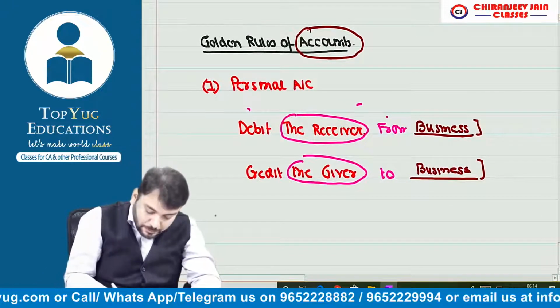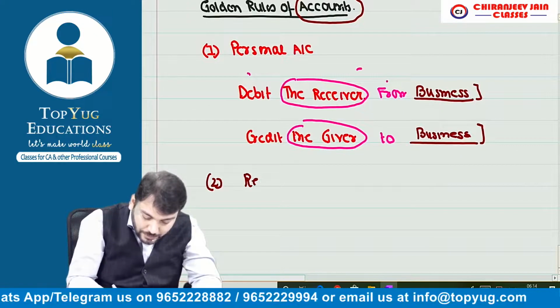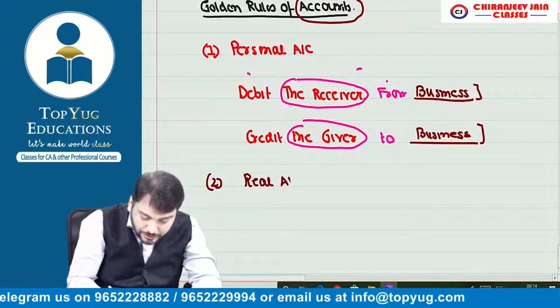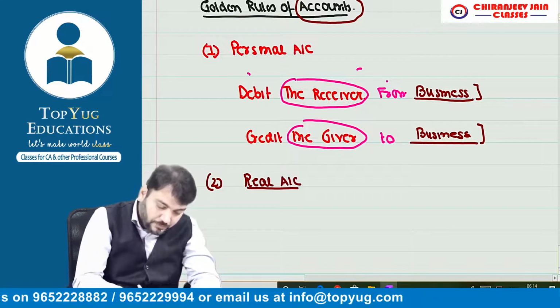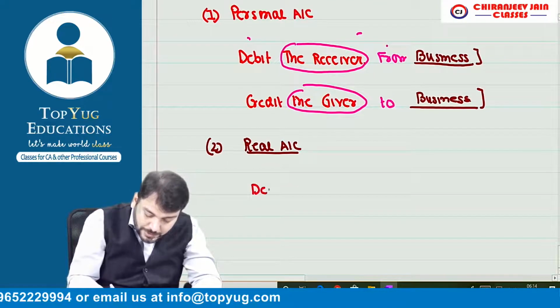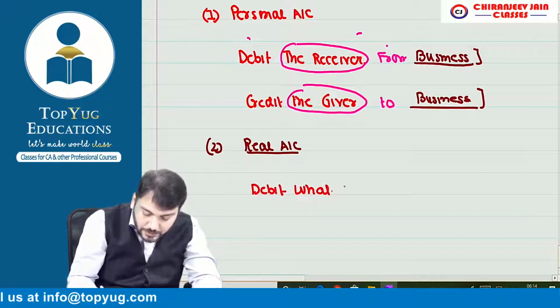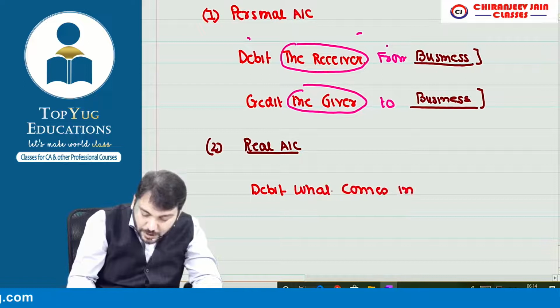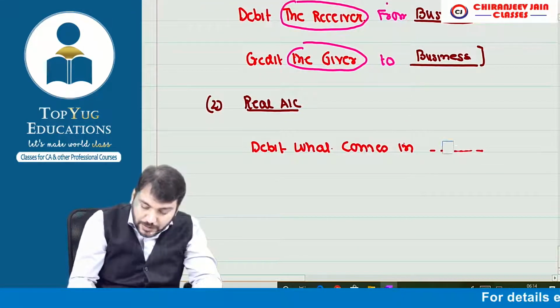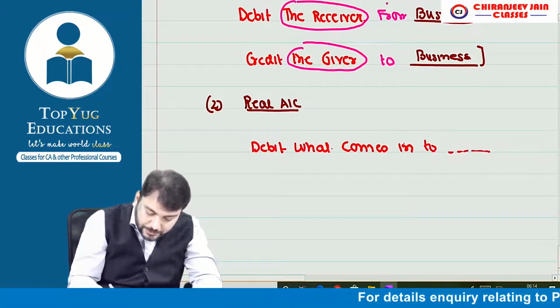Correct. Point number 2. Now you'll say real account. A real account means what? Debit what comes in. Where? Comes into. Correct.